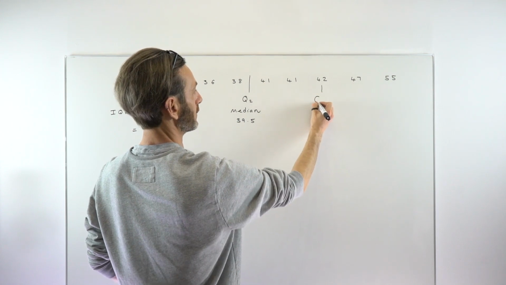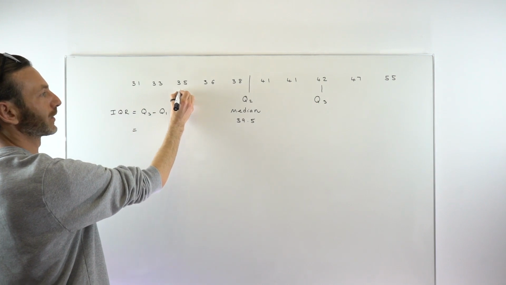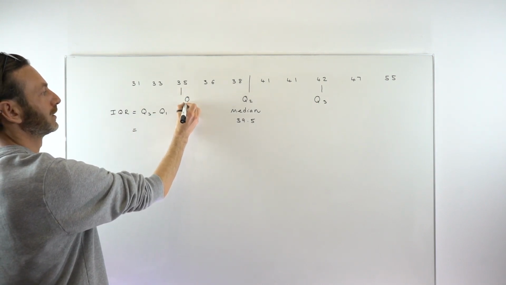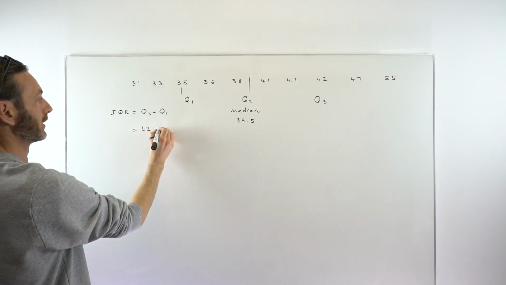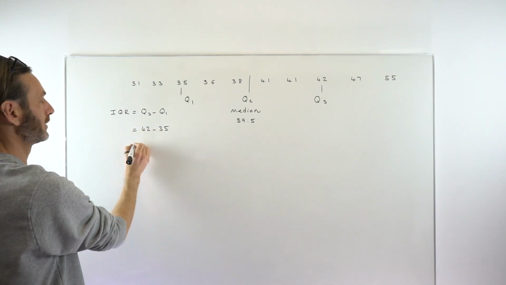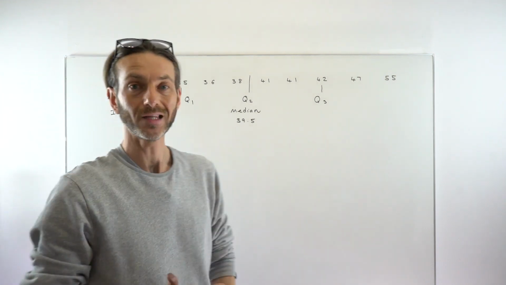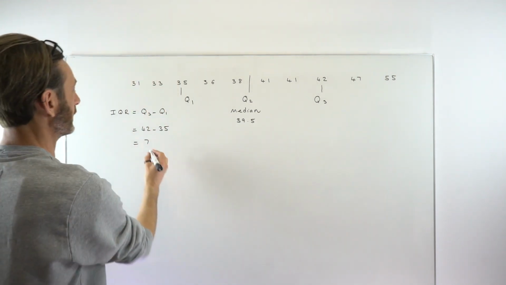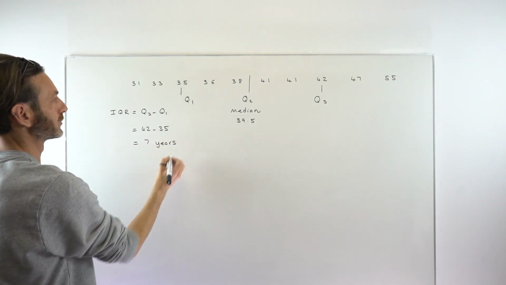So that represents our Q3, 42. And then similarly over here, the 35 would represent the Q1. So just plugging in those numbers, we get 42 minus 35. So it gives us 7. So the 7 in this case, in the context of this question, is in years. So we'll just call that 7 years.